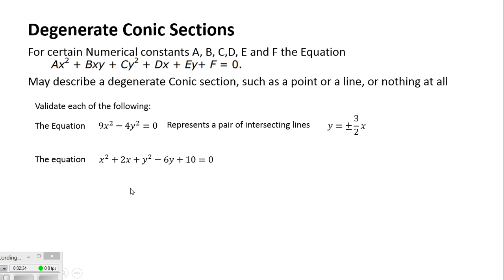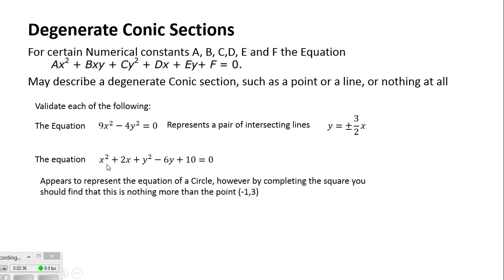You should validate that. Okay, this conic looks to be at first glance a circle, but it's nothing more than a point. So it's a circle of radius 0, a degenerate conic section. Again, not identified from its appearance at all, but you might need to go through and work things out.